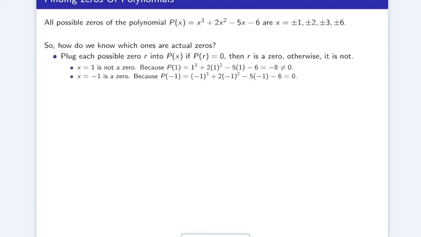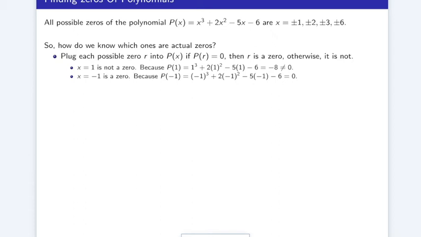On the other hand, if we plug in x equals -1, then we can see that it is actually equal to 0. So we say that -1 is a 0. And then we can do the same thing for the rest of the 6 numbers. So plus minus 2, plus minus 3, and plus minus 6.